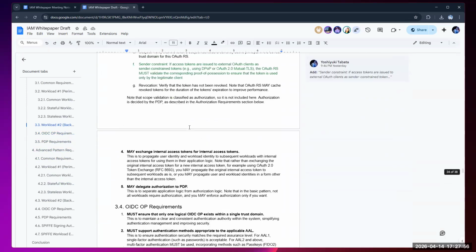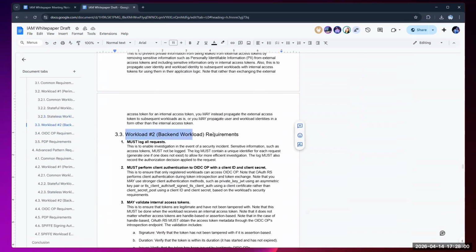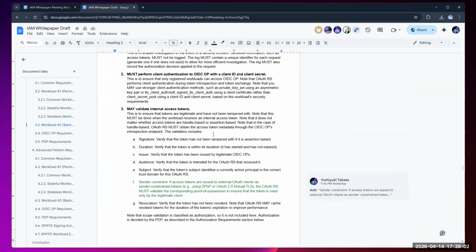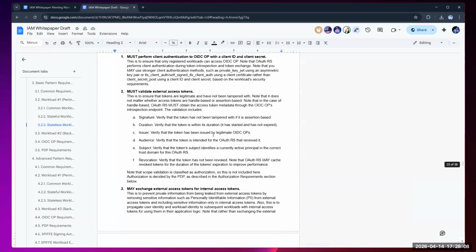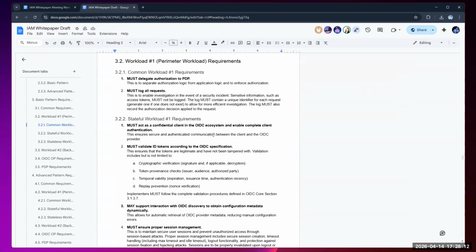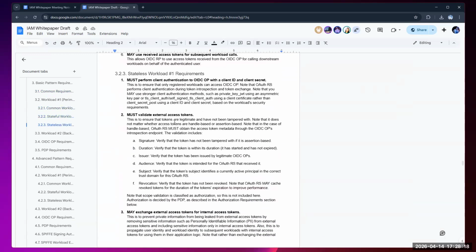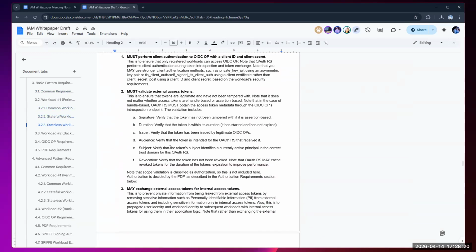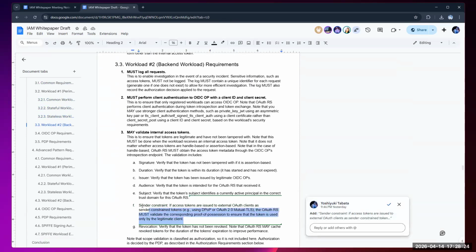This workload 2, that is not a good area, I think. Maybe stateless workload 1, I think. Yeah, here. We should add here, this one.